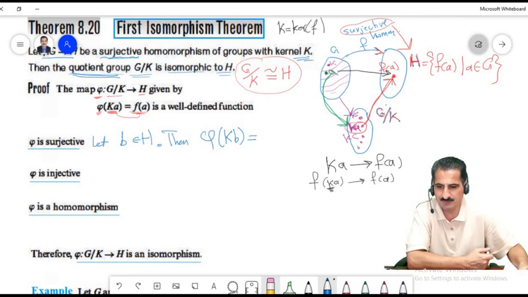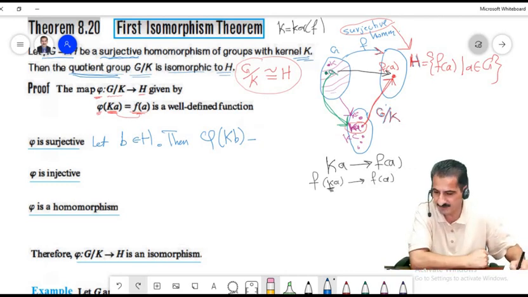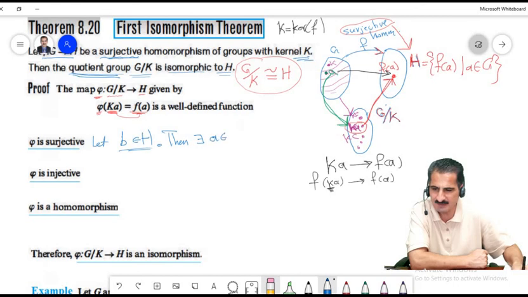Sorry, I must use one step before that. So let's go back. Since b is in H and F is surjective, then there exists a belonging to G such that b equals F of a.